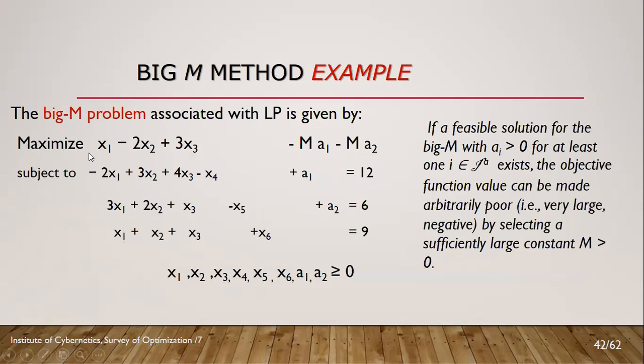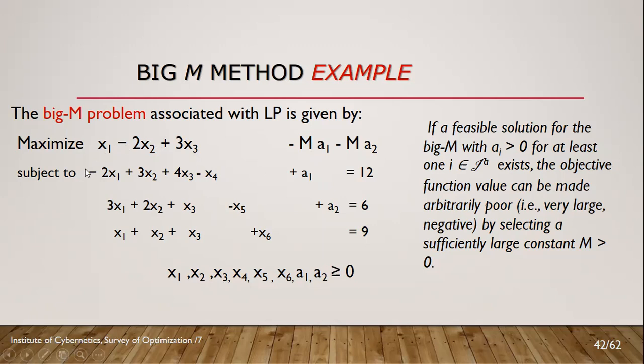So here what we have for the first row, for Z, we have -1, 2, 3, 0, 0, 0, M, 0.